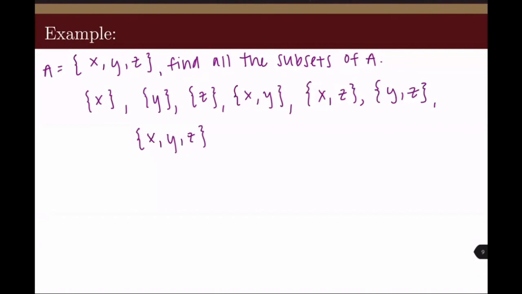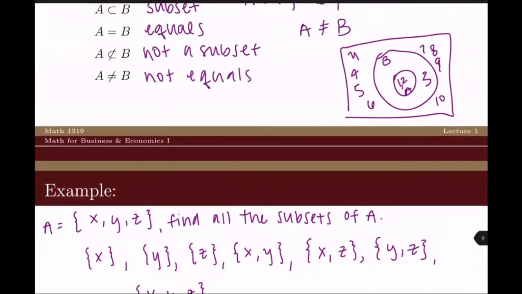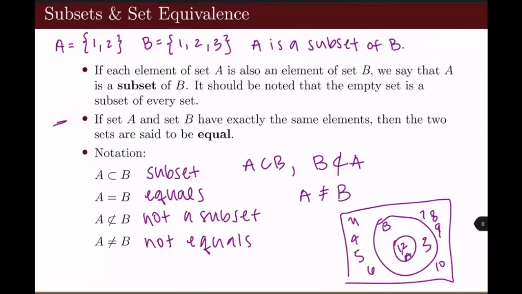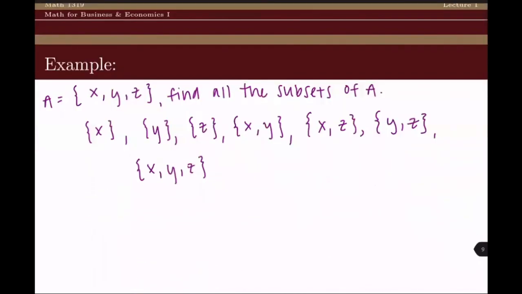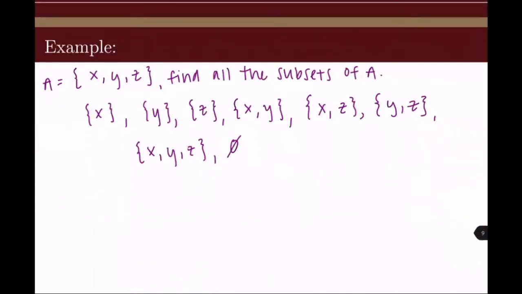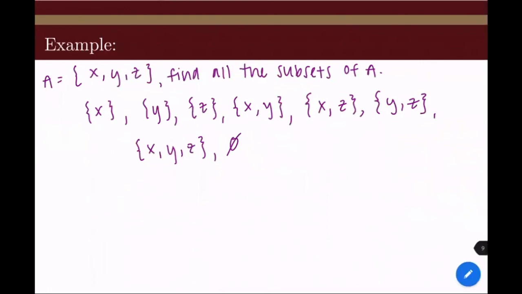Well, if we scroll back up here, it should be noted that the empty set is a subset of every set. So I'm actually missing the empty set when I'm listing out all of my subsets. Now I have all my subsets since I've listed the empty set. So there are 8 subsets of set A.